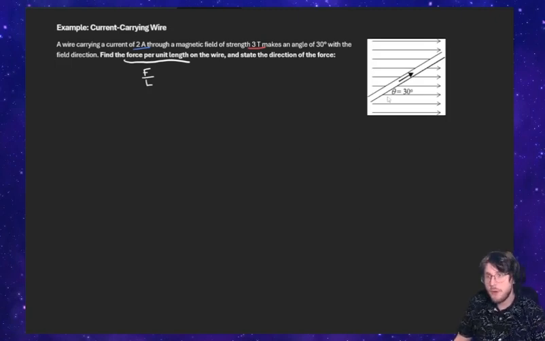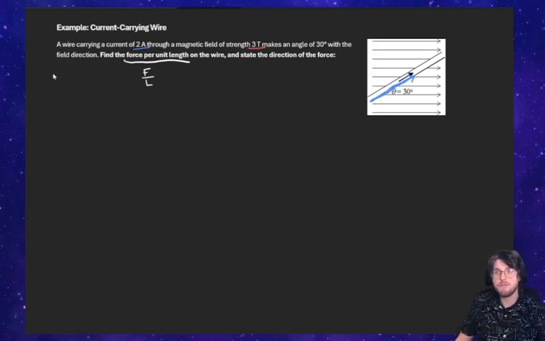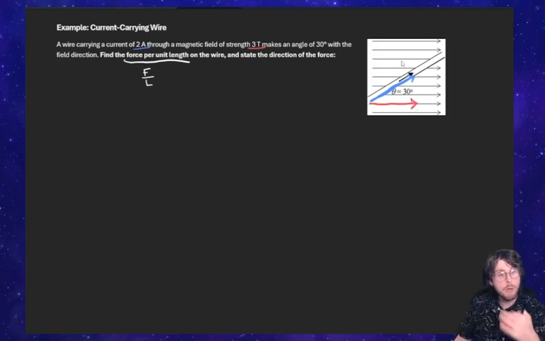In this case, I'm going to draw my own vector representing the current. I'll do that in blue like this. Then our field is going from left to right in this case. So I'm going to sprout the field from where I sprouted the current vector from, like so. The advantage of doing that is to help yourself make sense of the right-hand rule structures that you're going to need to set up.